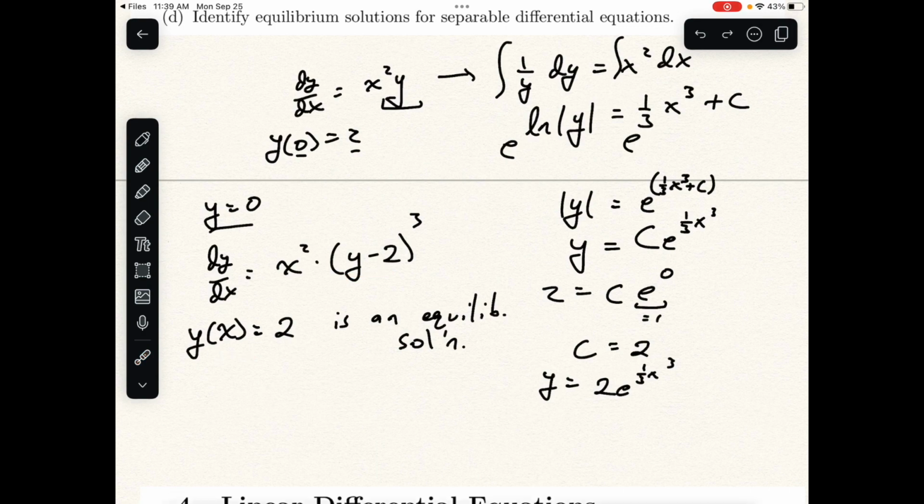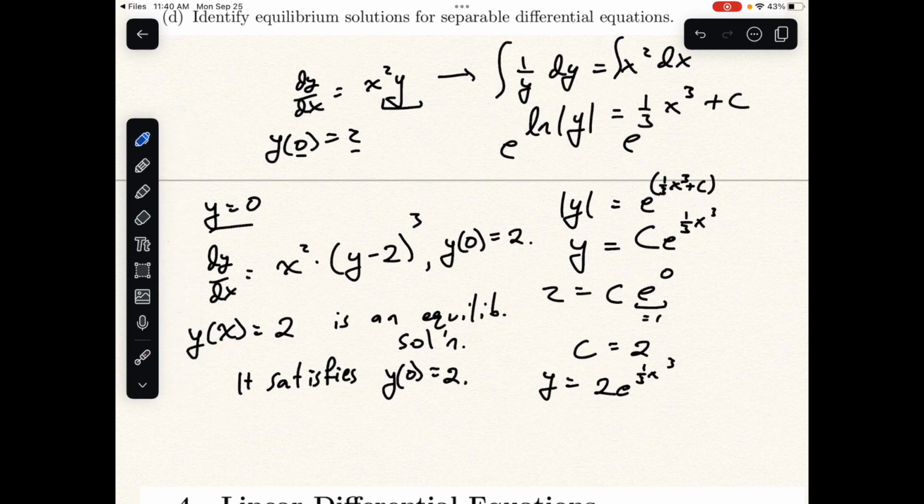So if you were solving the IVP dy/dx equals x squared (y minus 2) cubed, with the initial condition y of 0 equals 2, you could actually just solve this one right away by saying the function y of x equals 2 is an equilibrium solution, and it satisfies the initial condition y of 0 equals 2, just because y of anything is equal to 2.